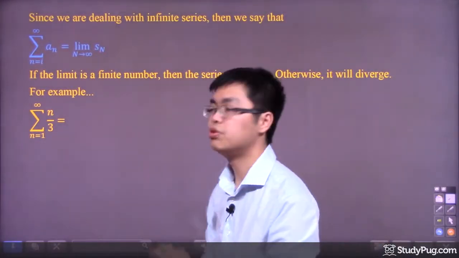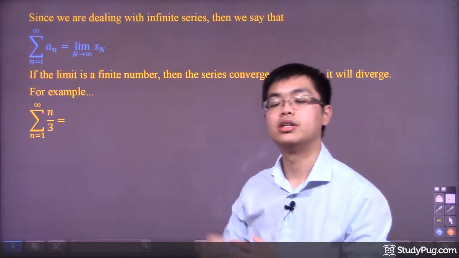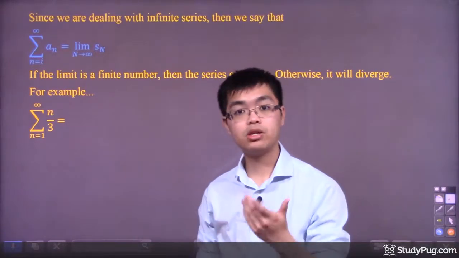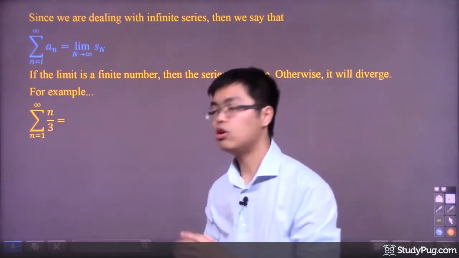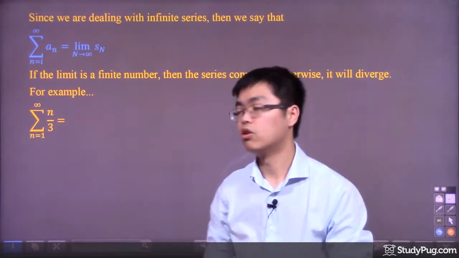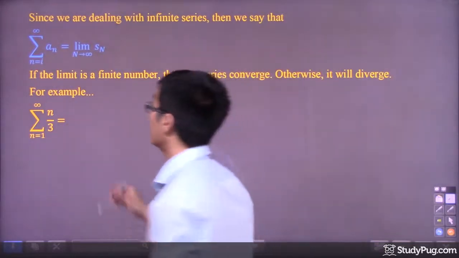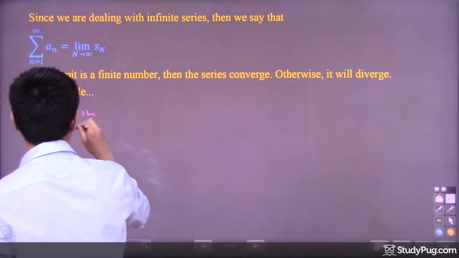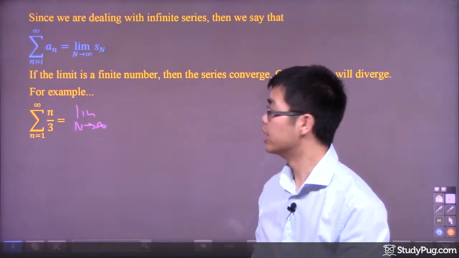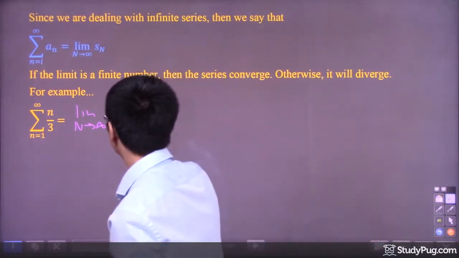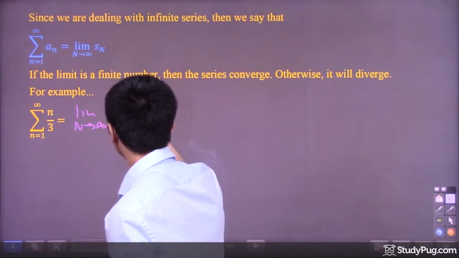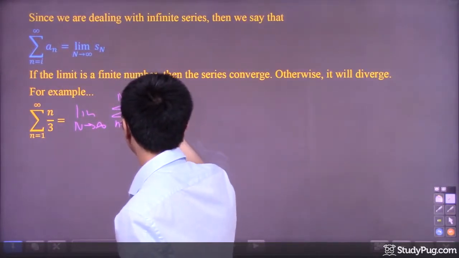So why don't we do an example here to see if this series is divergent or convergent. So right here we're given a series that goes from n equals 1 to infinity, and it's n over 3. So I'm going to use directly what the definition is, or what the formula is. I'm just going to use that formula and say the limit as n goes to infinity of the series from n equals 1 to n of n over 3.